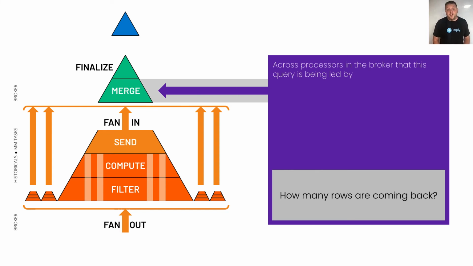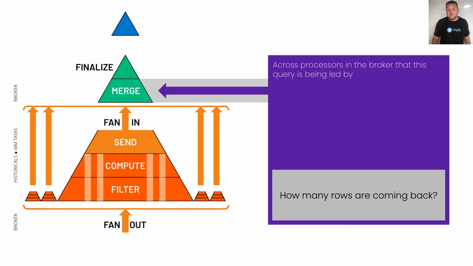This merge operation happens within the broker that's leading for this specific query. This is the one that's leading this query. It did the fan out, it's going to do the fan in. This has an important implication. That means you can't scale one query across multiple brokers. This final step of query execution occurs in one broker.